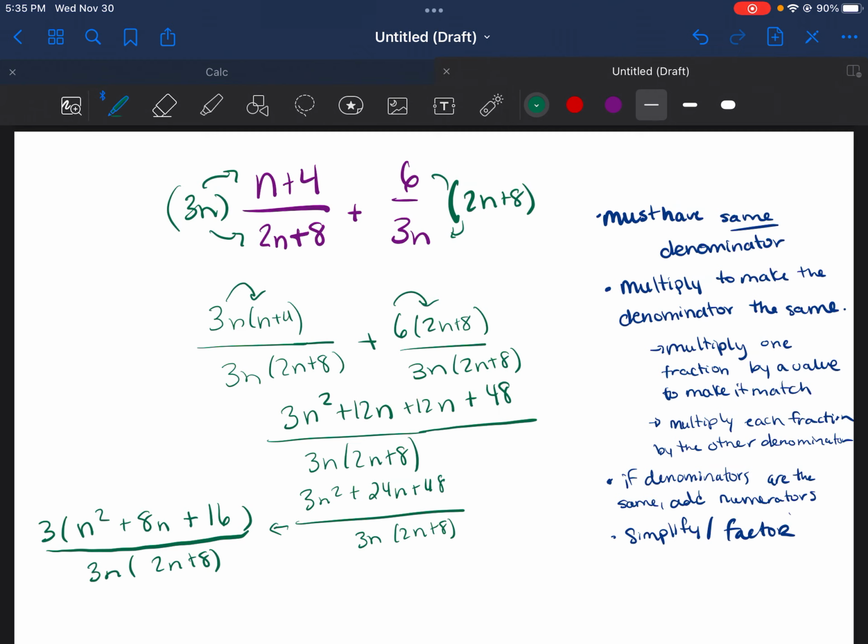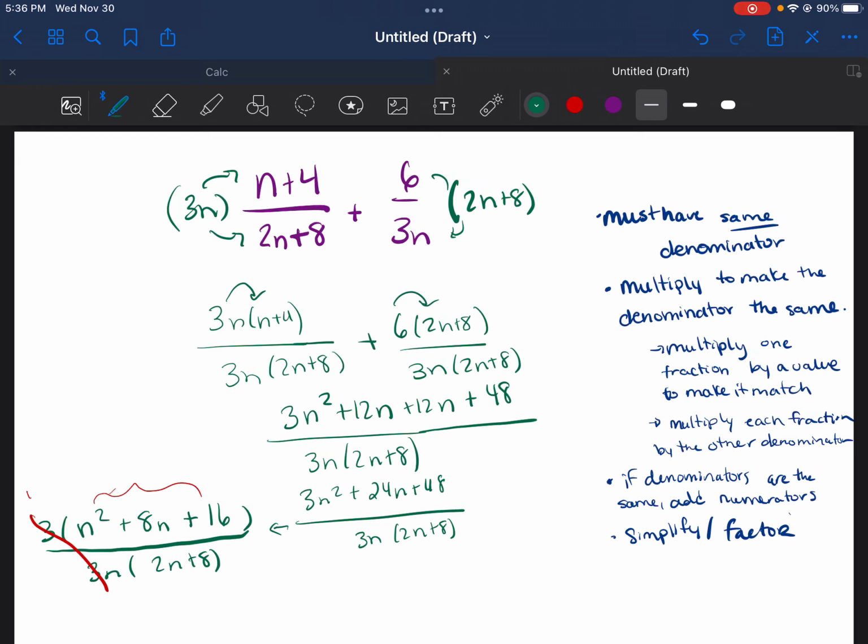Now I'm going to start to see, can I factor anywhere? Can I simplify anything? So first off, I see that I have 3 divided by 3. So I can cancel that out. That equals 1. I know that I can take this and factor it into its own parentheses.